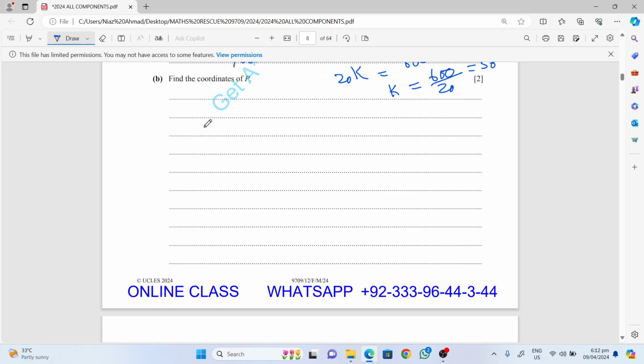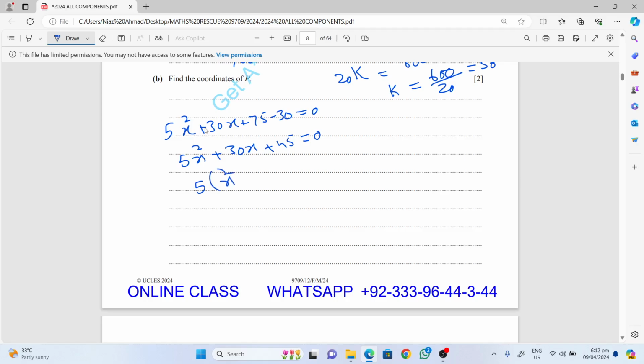Find the coordinates of P. So write your equation, that is 5x squared plus 30x plus 75 minus 30 equals 0. 5x squared plus 30x plus 45 equals 0.